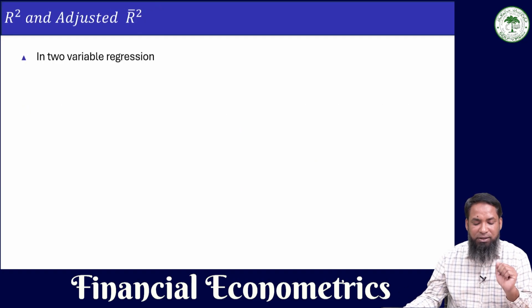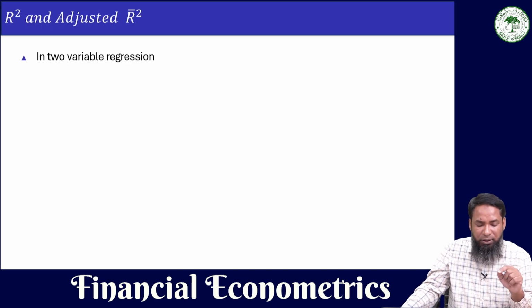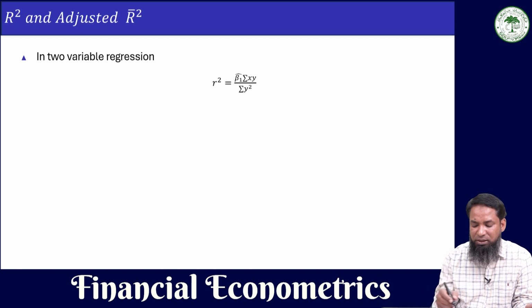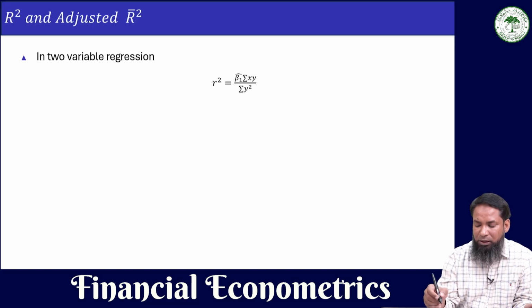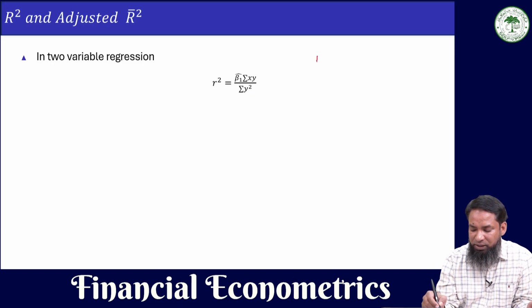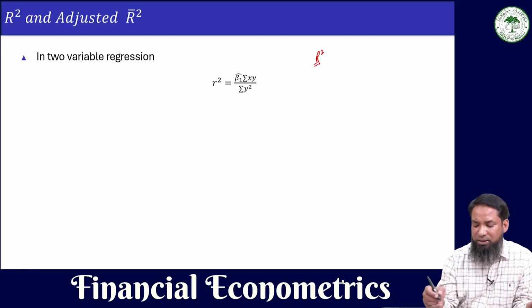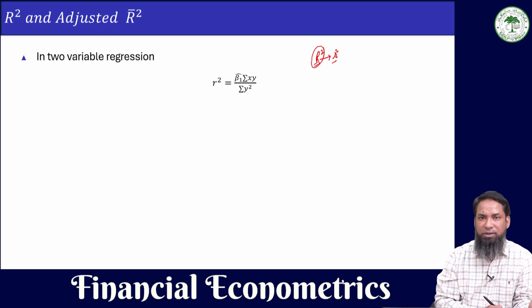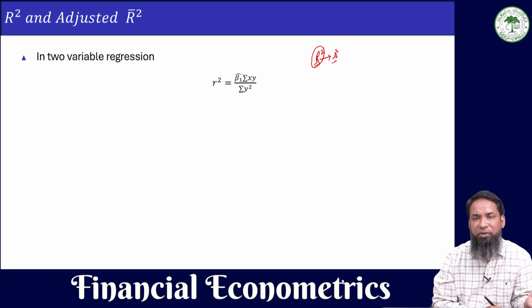That's known as the adjusted r square. Let's recall that in the two variable regression equation we have r square equal to beta 1 hat squared, summation of xi square over summation of y square. Though in almost every case we represent goodness of fit by the capital R square, in the specific case of the two variable regression model we could represent this as the small r square, because in that case this r square turns out to be the square of the coefficient of determination.